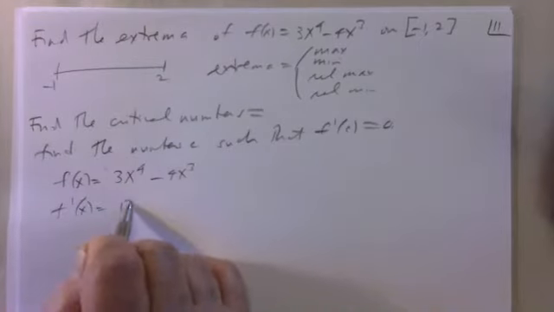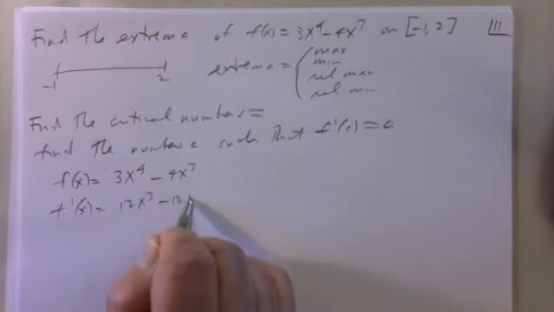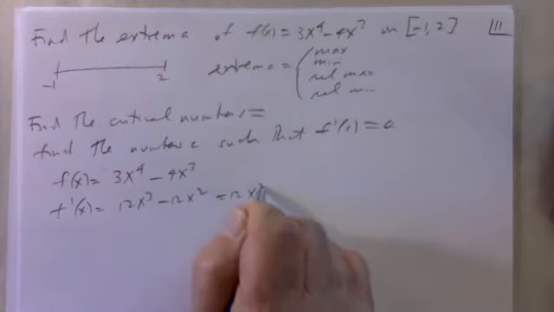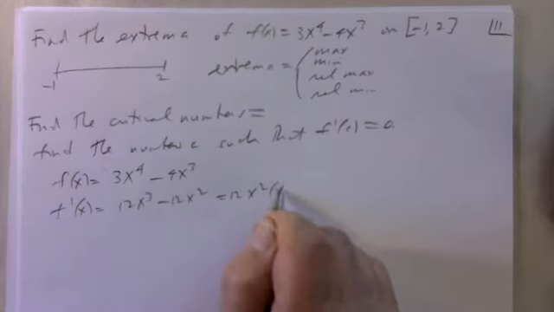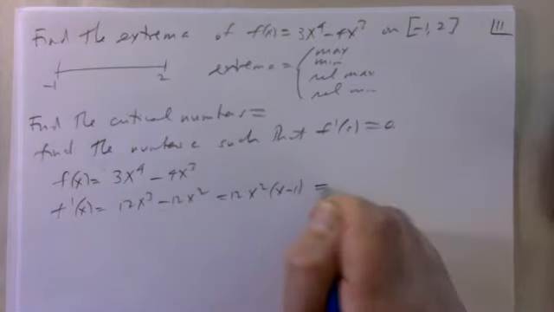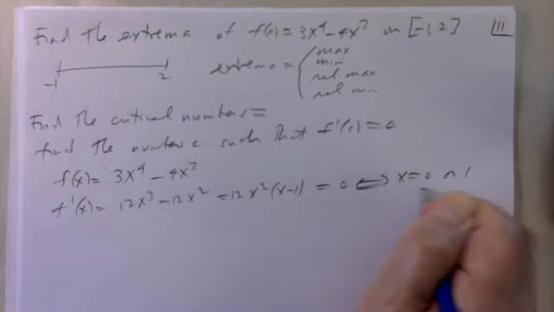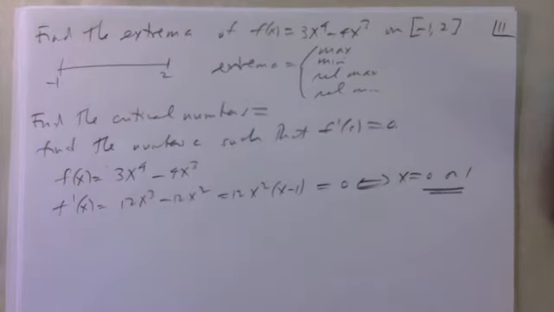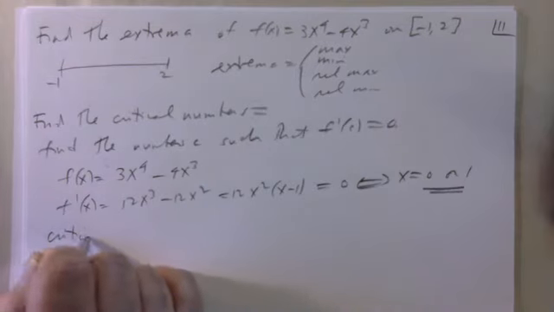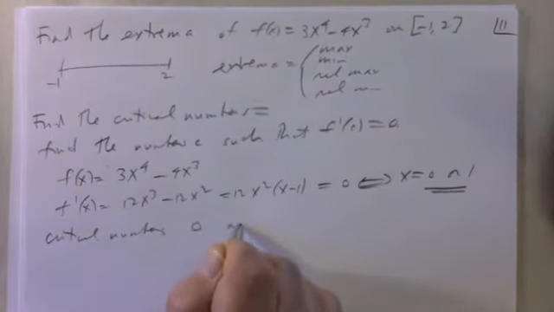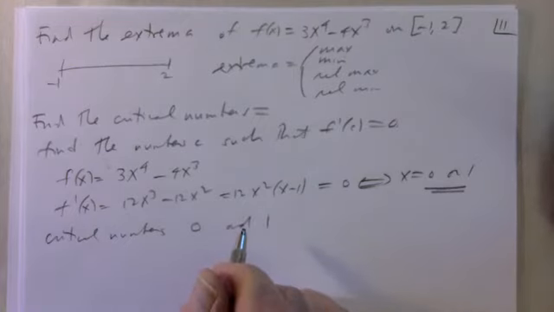So the derivative is 12x cubed minus 12x squared. That's 12x squared times x minus 1. And this is equal to 0 if and only if x equals 0 or 1. So these are the 2 critical numbers, 0 and 1.